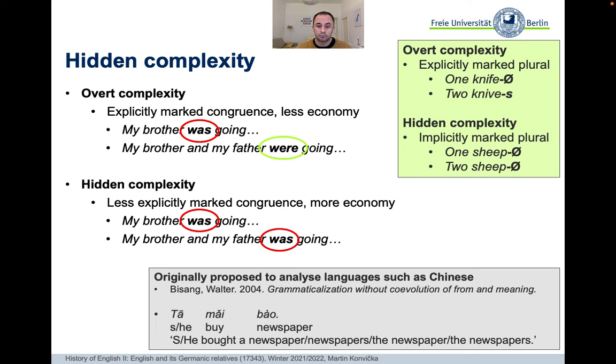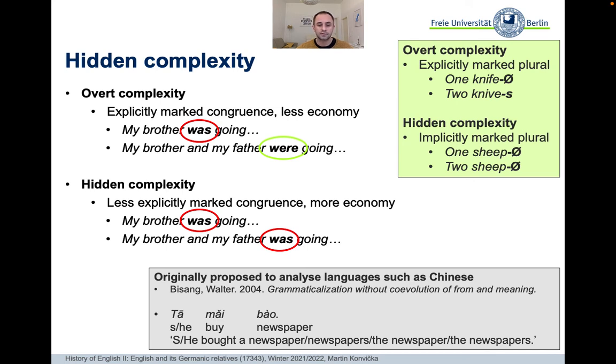this concept was originally proposed by Walter Bisang to describe languages such as, for example, Chinese, that are said to lack morphology, right? And English has also way less morphology than Old English, for example.